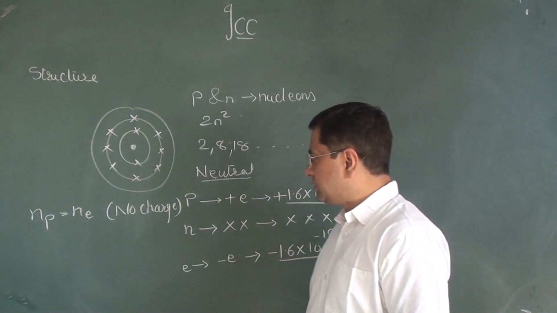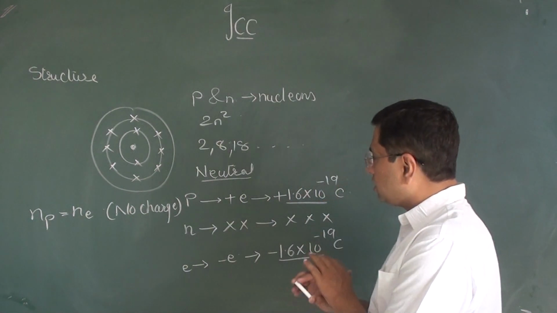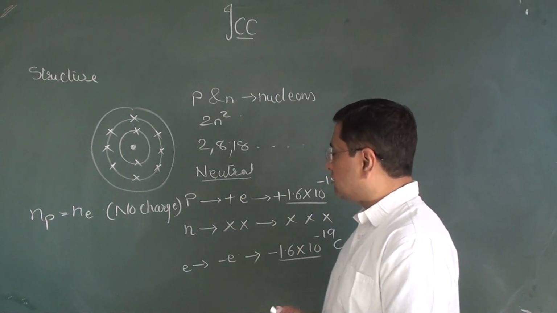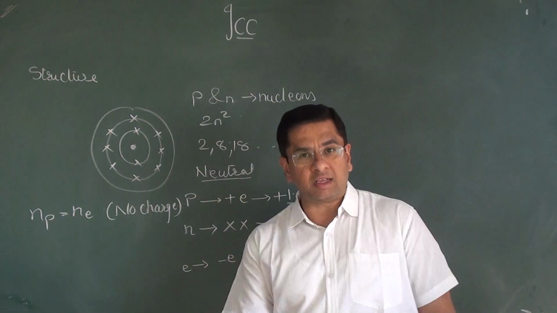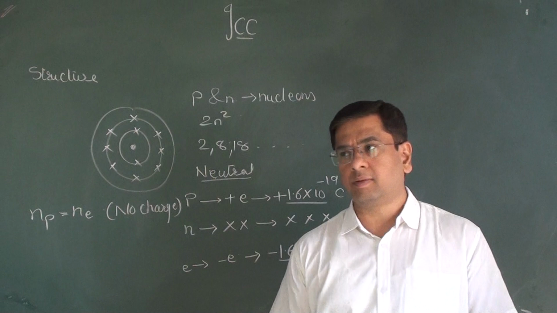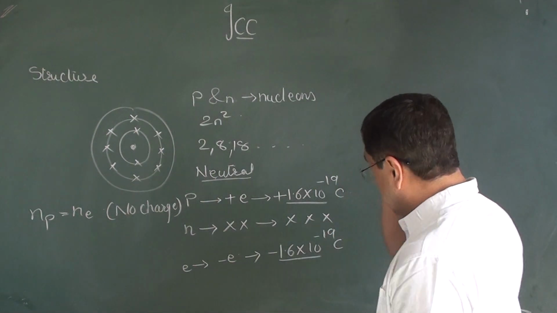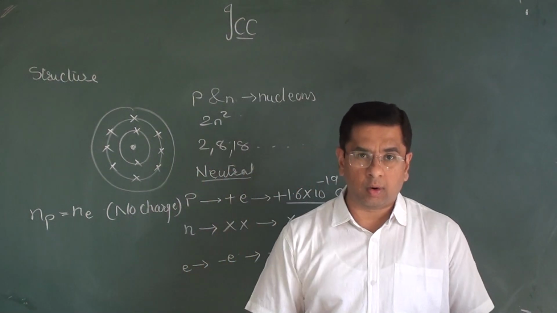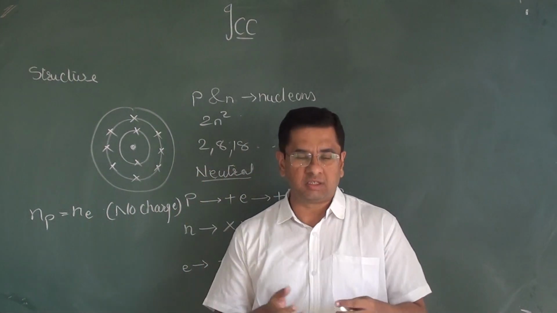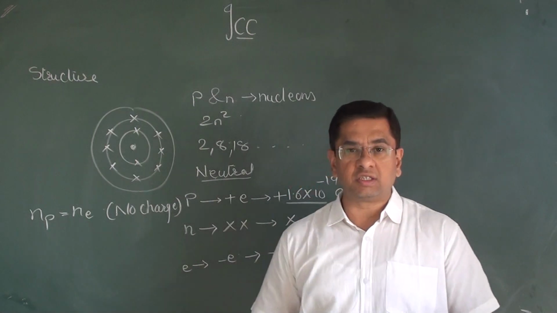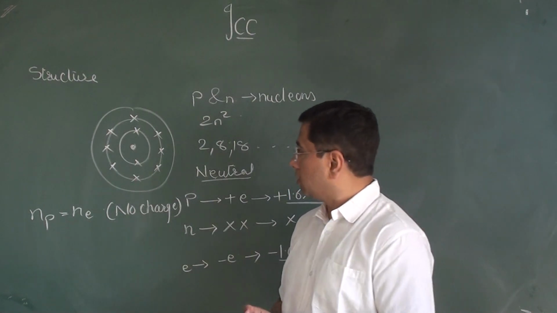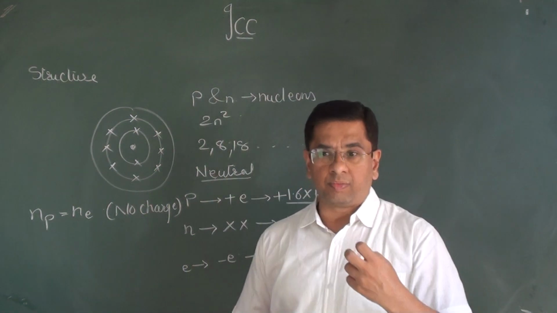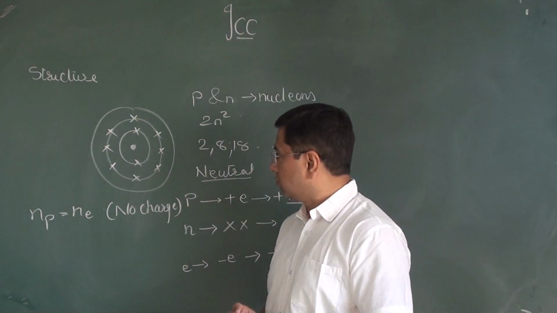Once you understand this concept that an atom does not have any net charge, then the next thing you have to understand is what about the mass of an atom? As we know, this structure, which is referred to as Rutherford's model of an atom, with some minor modifications done by Bohr, is basically derived from the solar system.